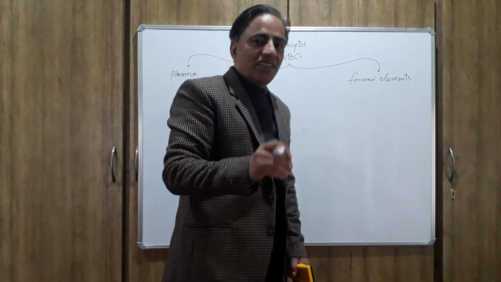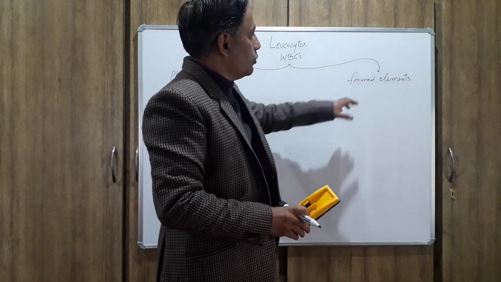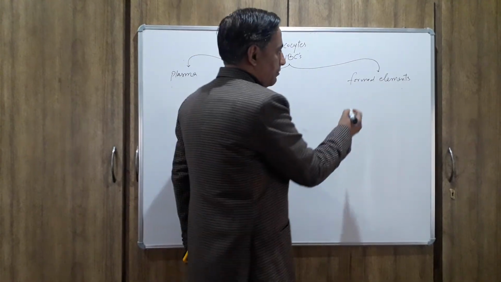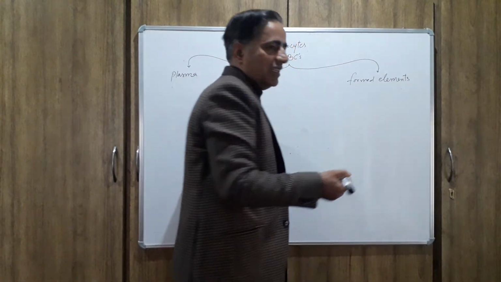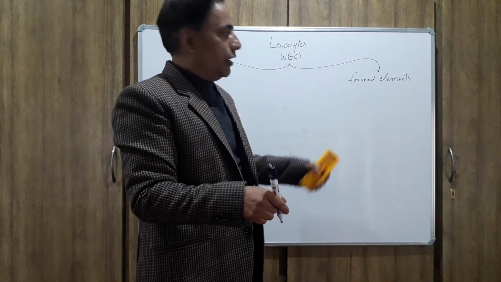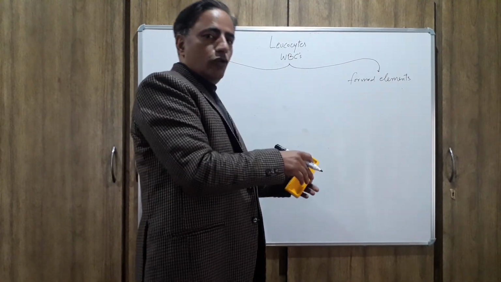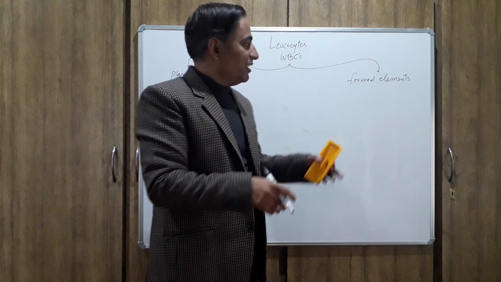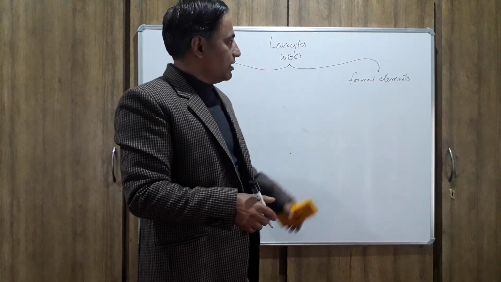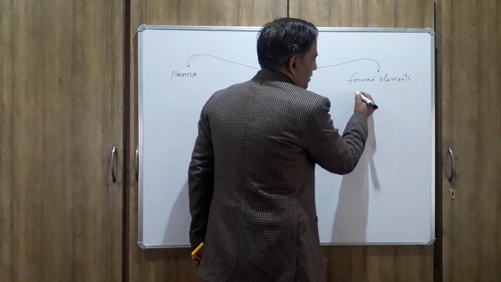We have discussed that there are three types of cells that constitute what we call formed elements. Number first is the erythrocytes. Number second is the leukocytes. We have discussed both erythrocytes as well as the leukocytes.